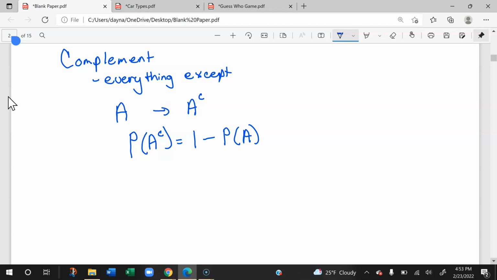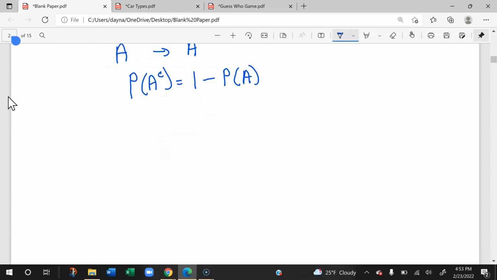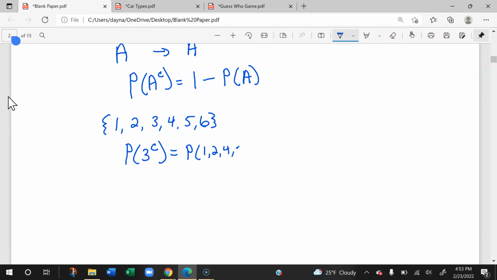So let's look at what I mean by this. If we look at our sample space for rolling a die, I have a 1, 2, 3, 4, 5, and 6. And I want the probability of 3 complement. So basically what that's saying is I want the probability of 1, 2, 4, 5, and 6.